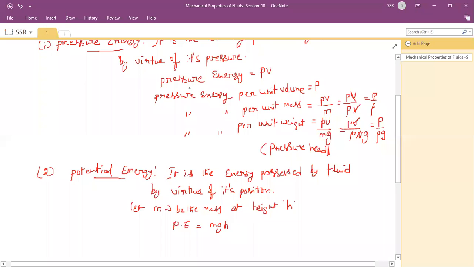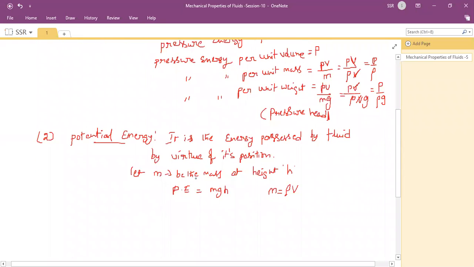Are you able to follow? Potential energy of the fluid at a height h. Yes or no? Suppose you write in terms of density and volume, then m is equal to density rho into volume V for a V volume of the fluid. Then you can write rho V gh. This is the potential energy of the fluid.